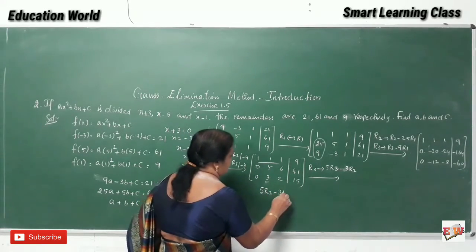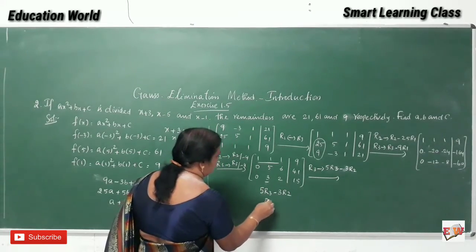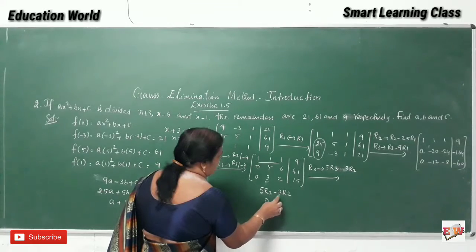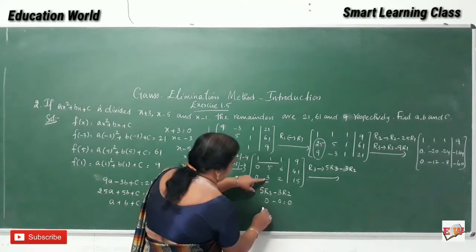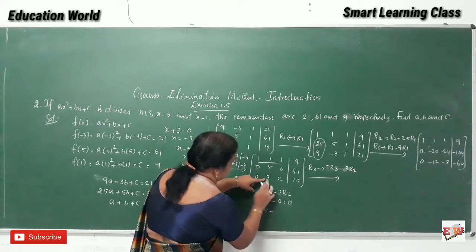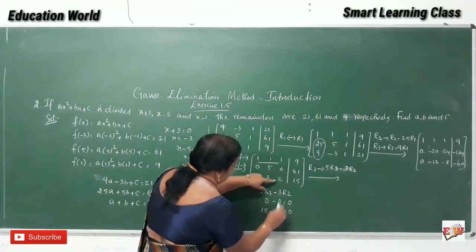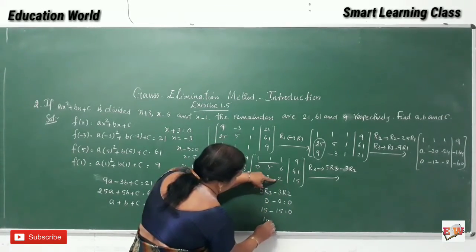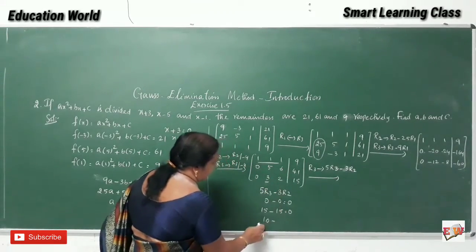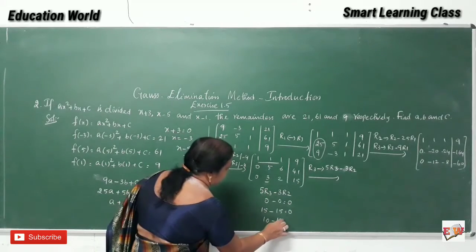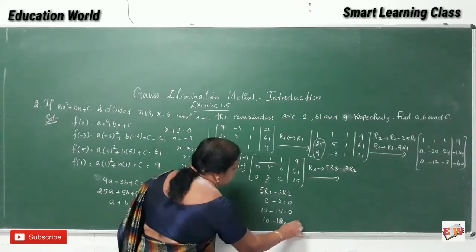5 into R3 minus 3 into R2. 5 into 0, 0, minus 3 into 0, 0 equal to 0. Here 5 into 3, 15, minus 3 into 5, 15, that time it will come equal to 0. Here 5 into 2, 10 minus 3 into 6, 18, minus 8.